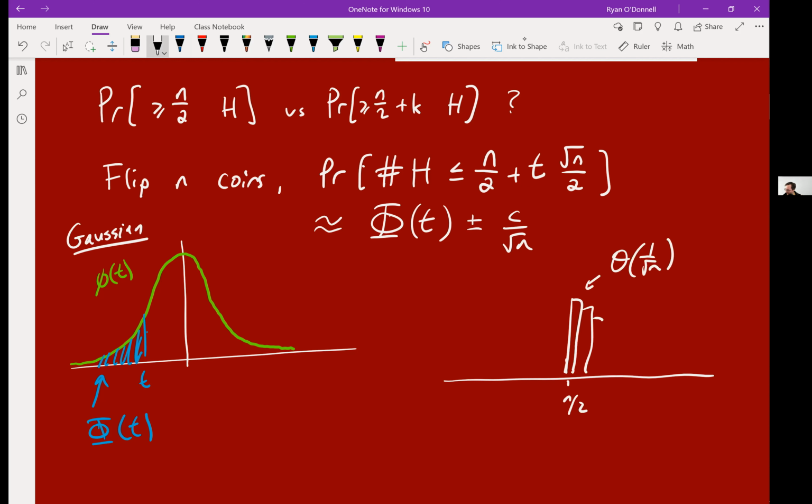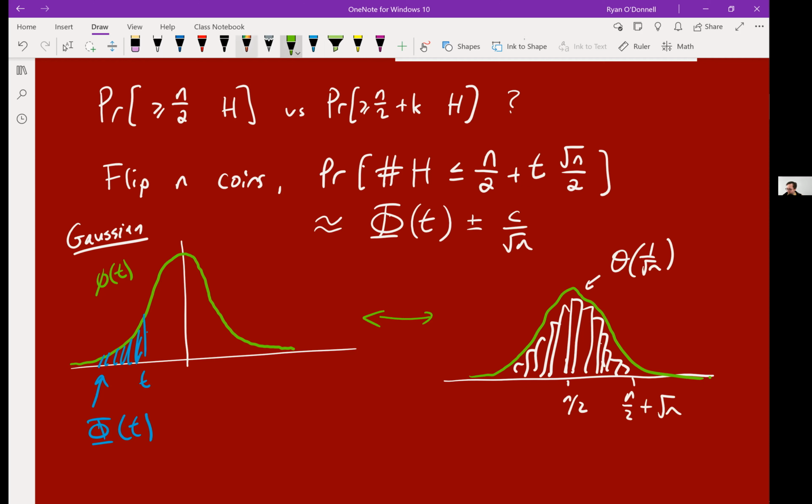And then you get this discrete thing that sort of looks like a bell curve as well. It would start to tend down to looking close to 0, or looking a lot smaller in the range of √n, but somehow these pictures are supposed to be similar. Okay, so let's see.